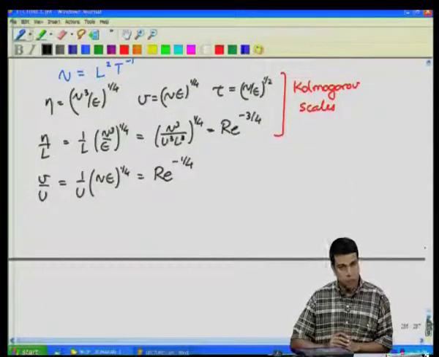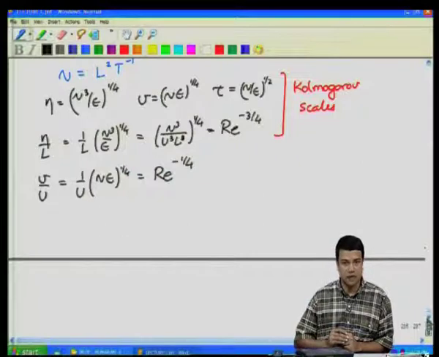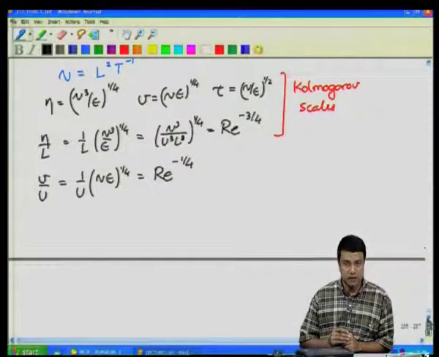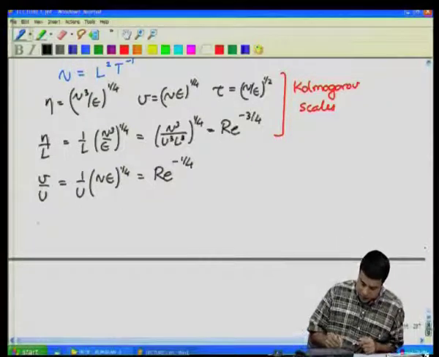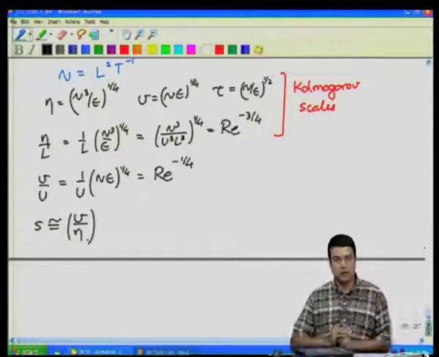Even though both the length and the velocity scales in the smallest eddies are much smaller than those in the large scale flow, what about the strain rate? A scale for the strain rate for the small scale flow is approximately the smallest velocity divided by the Kolmogorov scale.